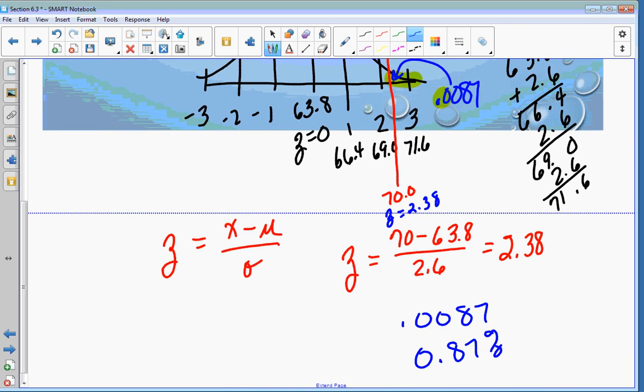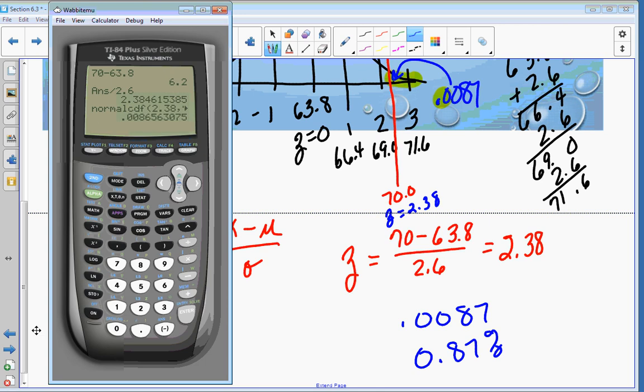Now I'm going to go back to the calculator for a second, because the calculator will do all of this for you. And if you go to second distribution, back down to number 2, now I'm going to leave the lower as my actual data point. I'm going to put in my lower as being 70.